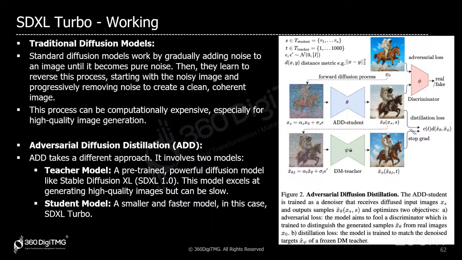This model excels at generating high quality images, but what is the drawback? It is a slow model. Since it is a big model, it is computationally heavy and takes some time. So what is its replica? There is a student model, which is a smaller version of the teacher model, a faster model, in this case SDXL Turbo.